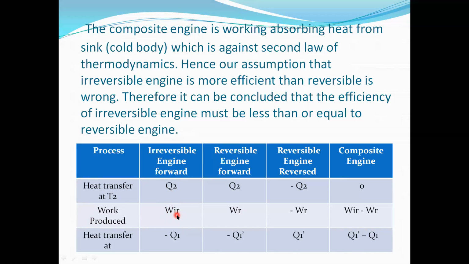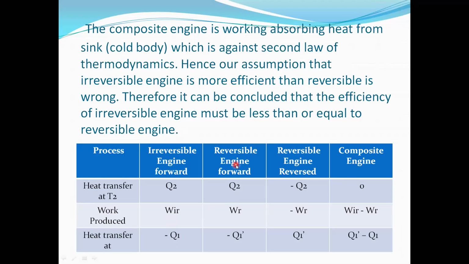We have denoted that work as WIR, W means work and IR means irreversible, and heat transfer is minus Q1. So these are the values of the irreversible engine: heat transfer Q2, work produced WIR, and heat transfer minus Q1.